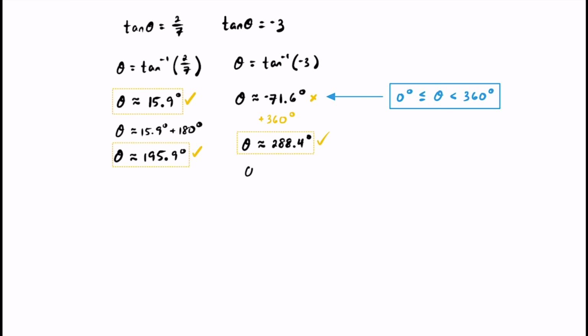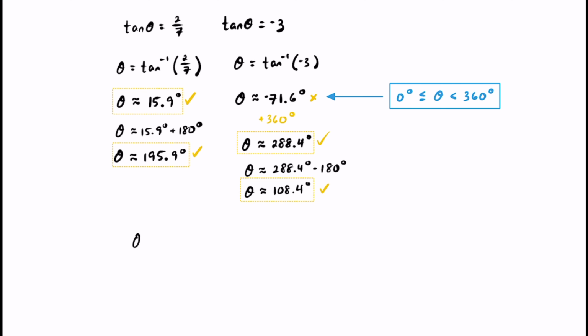And over here to the right, if every 180 repeats, adding 180 to this 288 is going to be out of that range of 0 to 360. So if we take this 288.4 degrees and subtract 180 degrees, then theta is also equal to 108.4 degrees. Between 0 and 360 degrees, this would be our fourth solution.